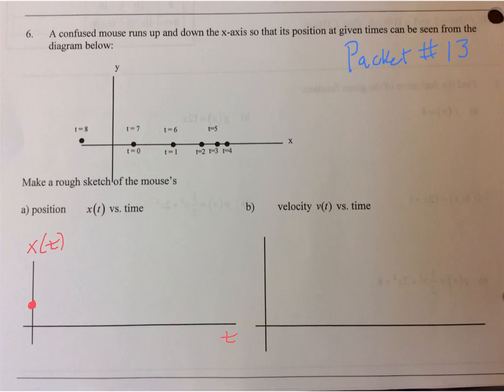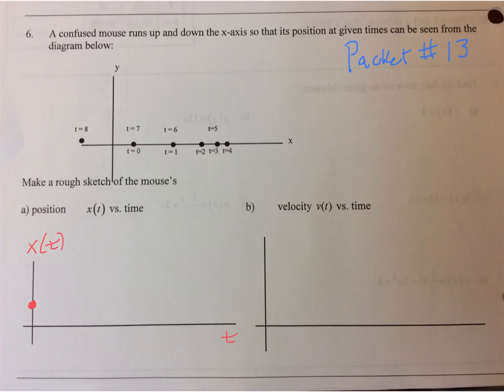Now, as the mouse moves to the right up until the first 4 seconds, that means its distance is getting farther and farther away from the origin on our original graph, and higher on our position graph.